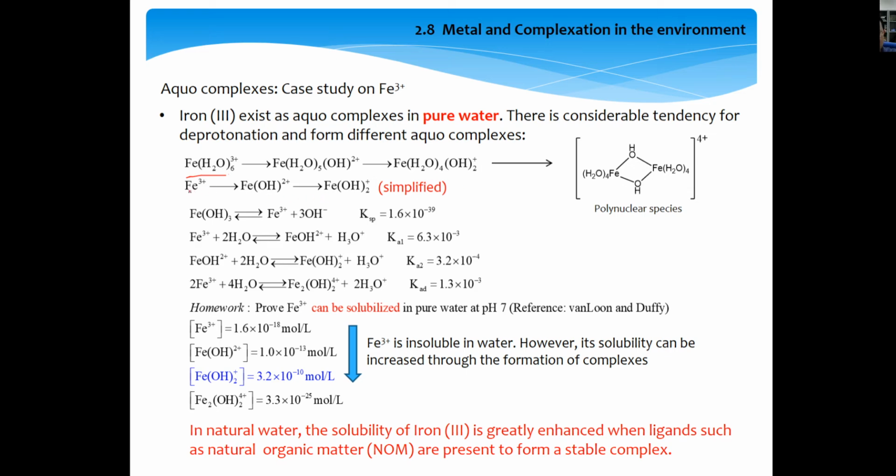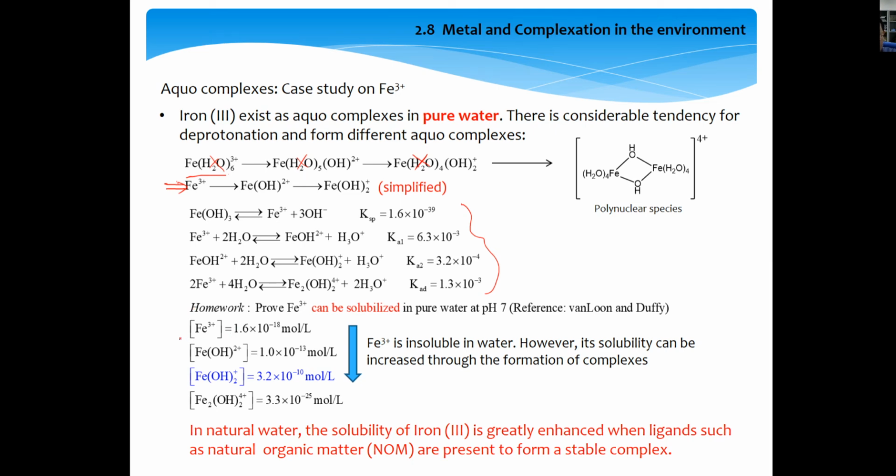So you can see here, this is actually a simplified form where it's written without water. Please don't worry about the calculation. I'm not going to question this in the final exam. What I want to show you is the solubility of these species.